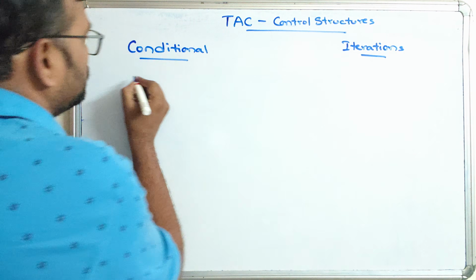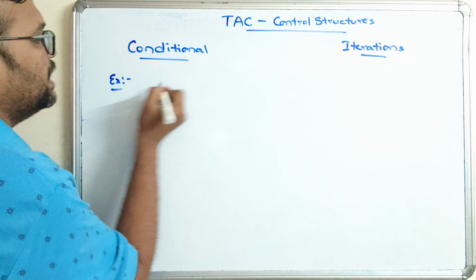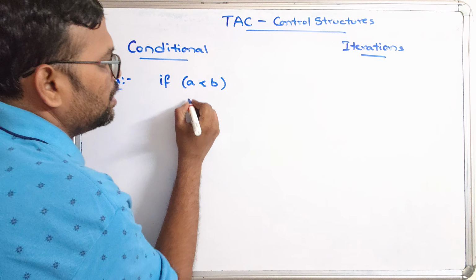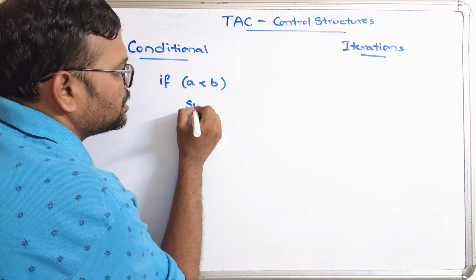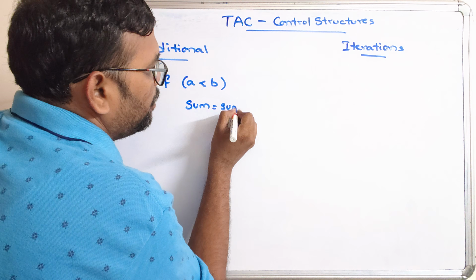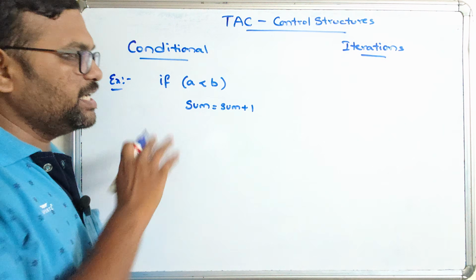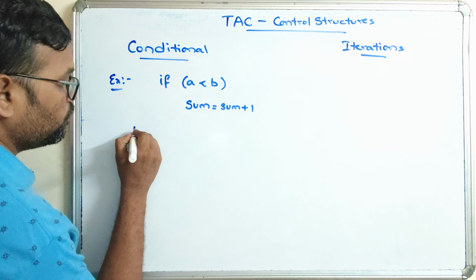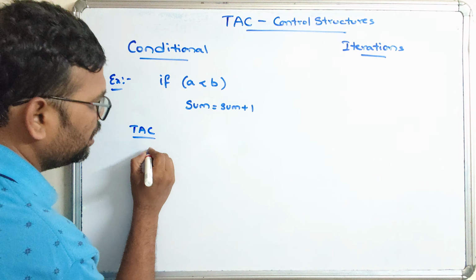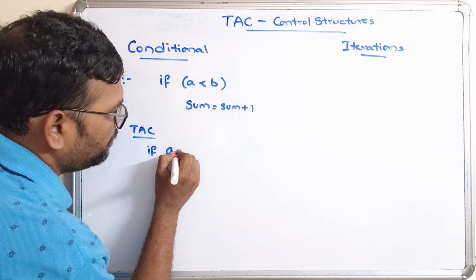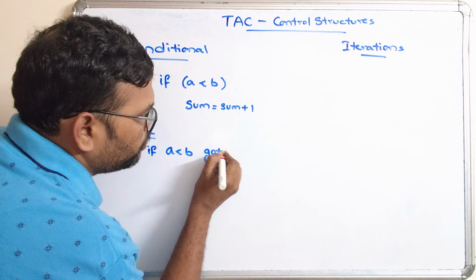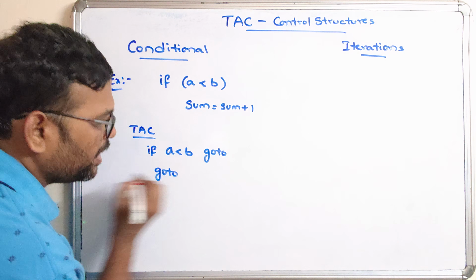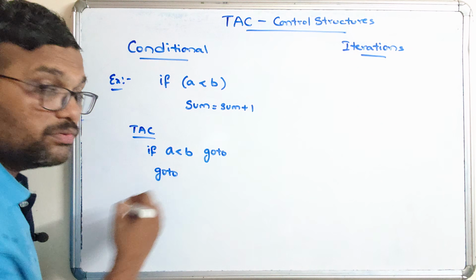For example, we know the conditional statements: if a less than b, simply we can write sum is equal to sum plus 1. Let us take this simple if statement. The three address code for this will be: write down the same thing, if a less than b, then go to, and in the false case again go to, and here you need to give some labels.